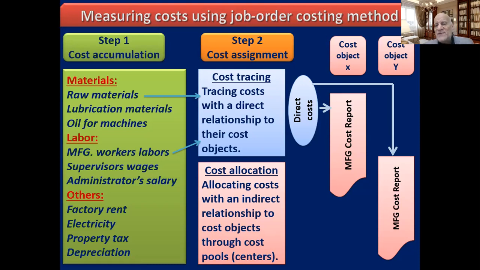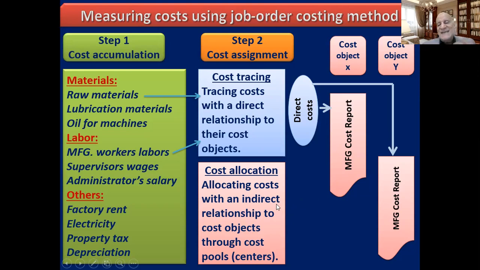They do not have a direct relationship with certain jobs. But we do not deny that production benefited from and used these costs. So we want to assign these costs to those job orders, but we cannot determine precisely the amount of these costs used in each one. We cannot determine it directly.